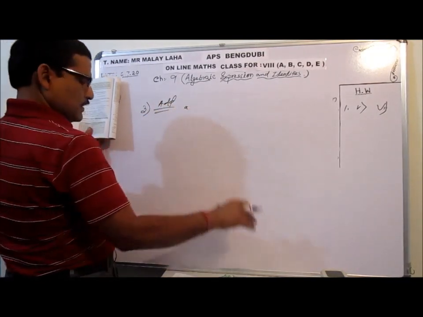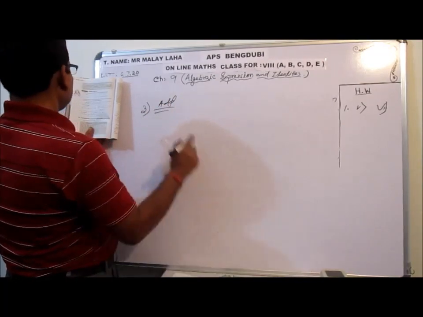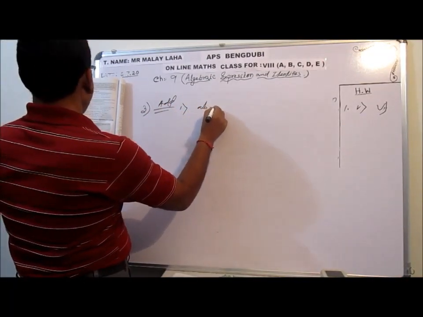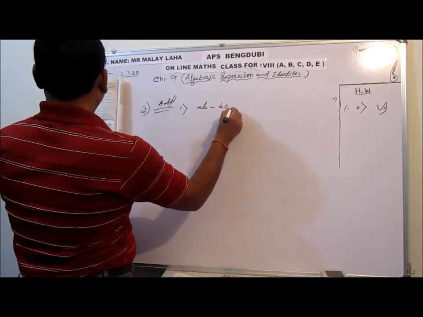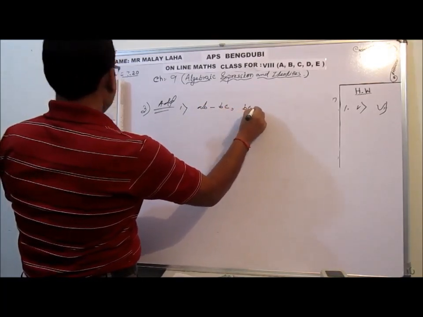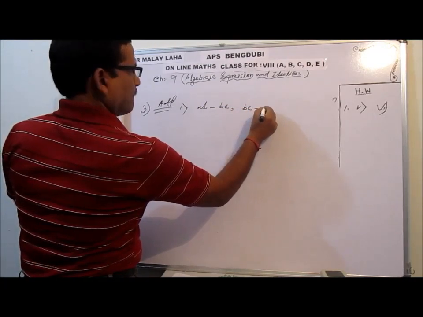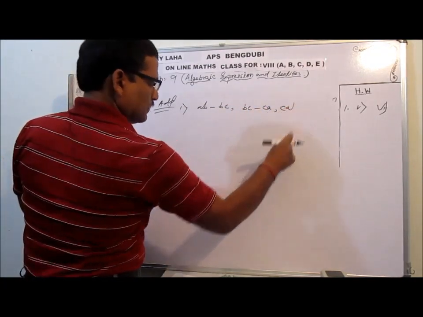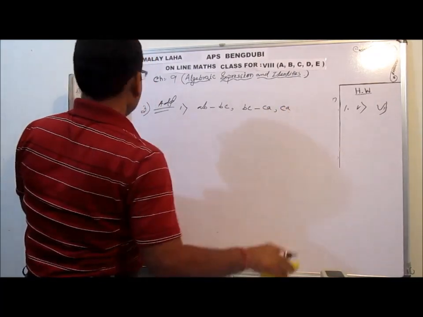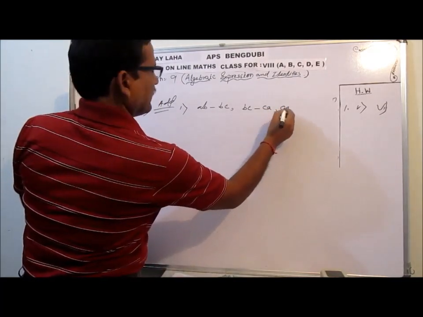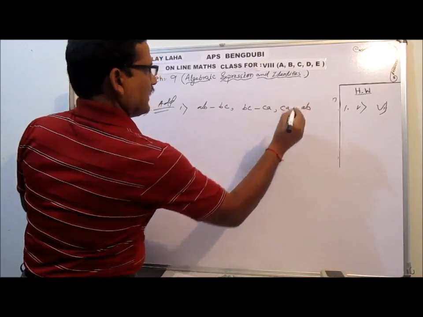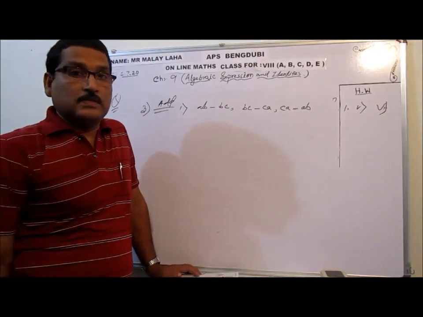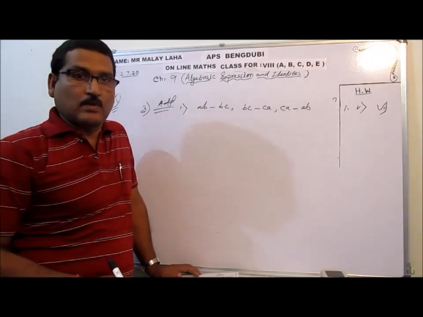Part 1: AB minus BC, comma, BC minus CA, comma, CA minus AB.